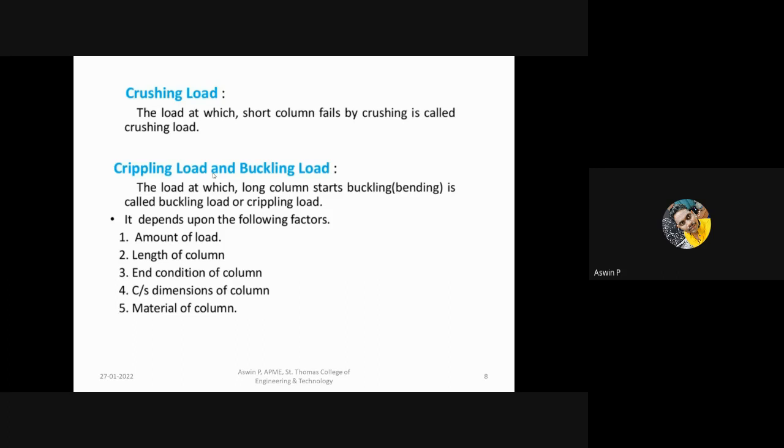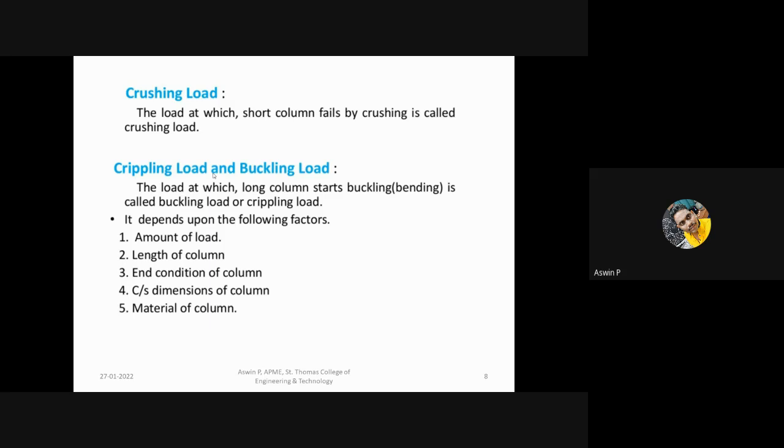The load at which a long column starts buckling. Buckling in a word means bending.